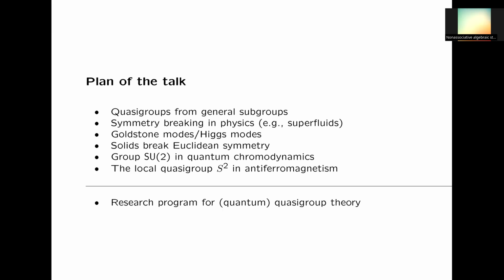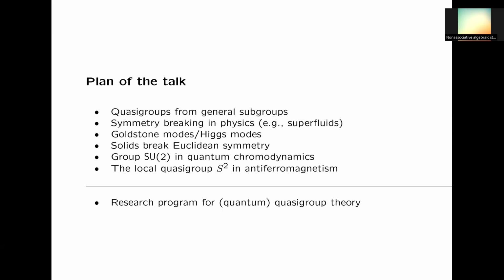Second example will be the group SU2 in quantum chromodynamics, in QCD. And again, very nicely, Cole mentioned that earlier this morning, and how we always just see the left-handed side of things. What's going on there? Where does that come from? And then the final thing above the line will be about the local quasigroup F2, so just sort of reflection on S2 in antiferromagnetism.